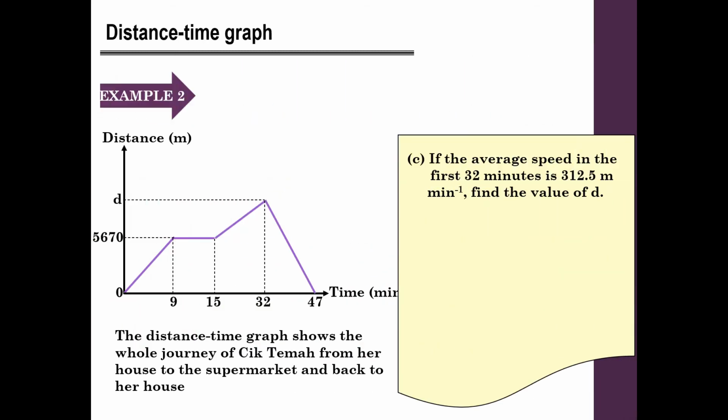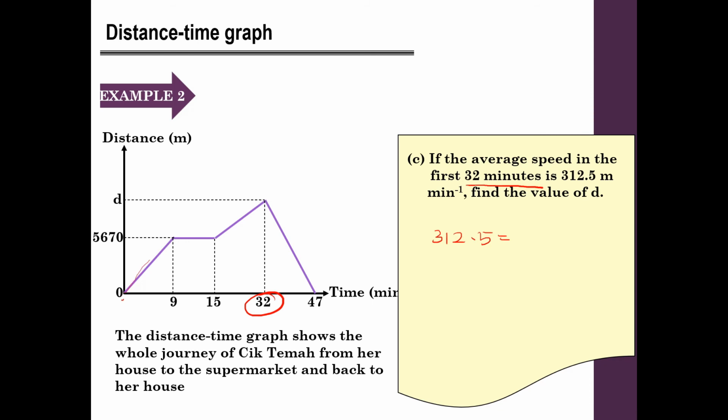And then the average speed is given for the first 32 minutes only, so until here only. The average speed is 312.5 meter per minute. Find the value of D. The formula of average speed is total distance over total time taken. So 312.5 is equal to the total distance from 0 minute until 32 minutes.